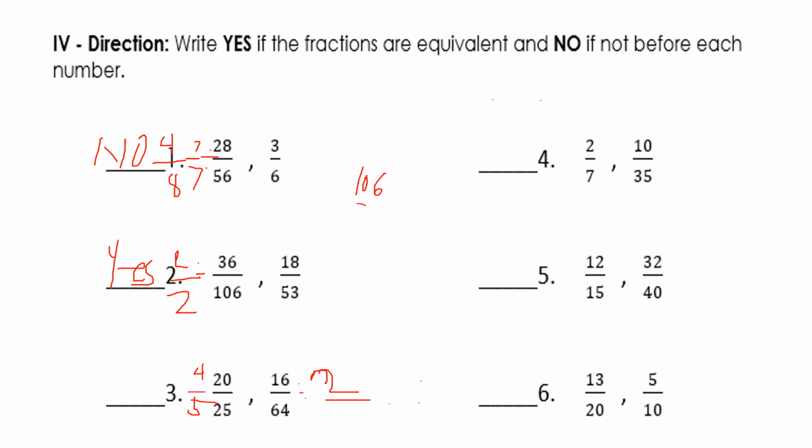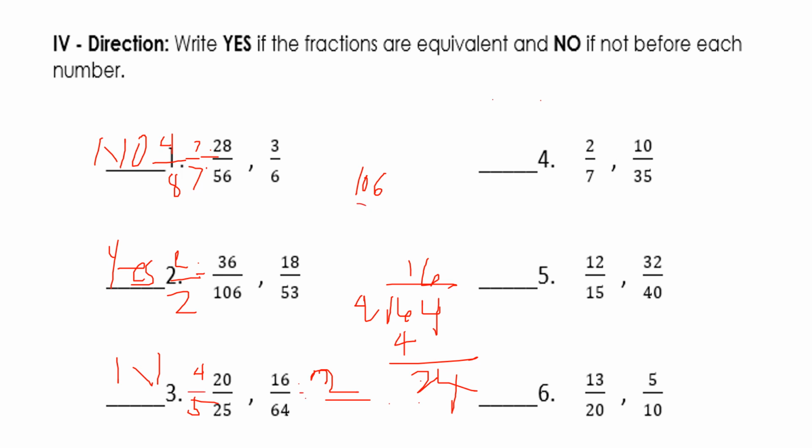So definitely this is no. Because if we divide it by 4, 24 divided by 4 equals 6. So we have 2 over 16. So definitely this is not correct.